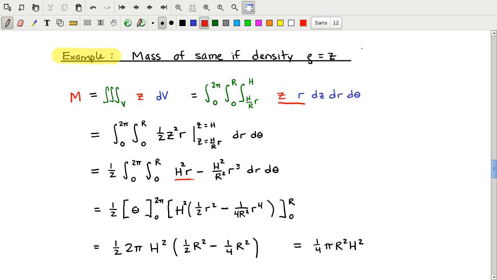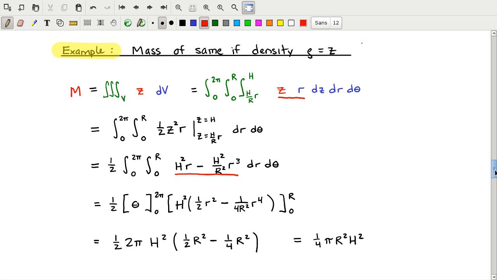The integral of this quantity gives us 1/2 r squared minus 1/4 over R squared r to the 4th, evaluated from 0 to R. Of course, we have that common h squared term. We now evaluate and subtract. This becomes 1/4 R squared. 1/2 times 2 pi gives us just pi, and so we have 1/4 pi r squared h squared.